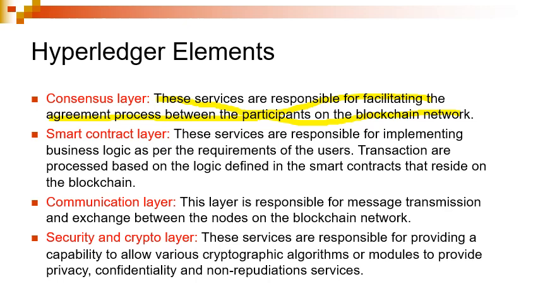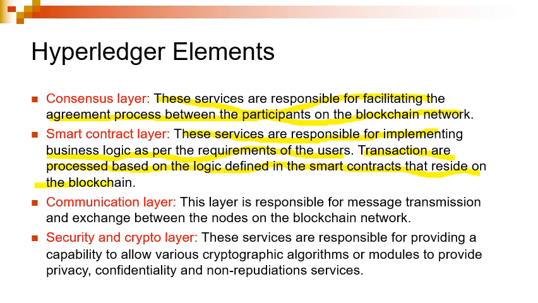Then after that, there is a smart contract layer. This smart contract layer is nothing but the chain code services. These services are responsible for implementing the business logic, whatever the business conditions are. This layer is responsible for enforcing the business conditions as per the requirements of the users, and transactions are processed based on the logic defined in the smart contracts that reside on the blockchain.